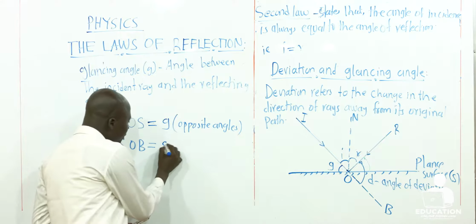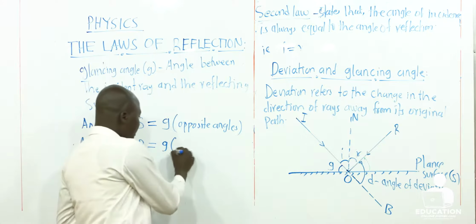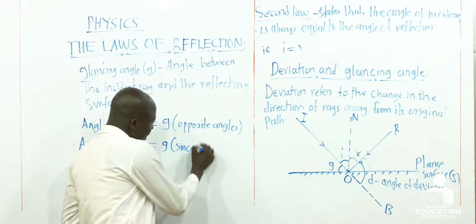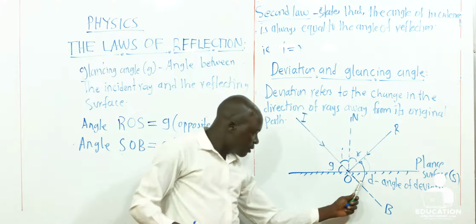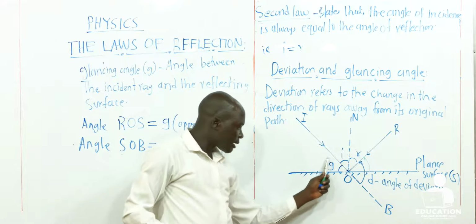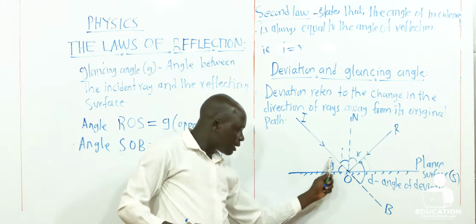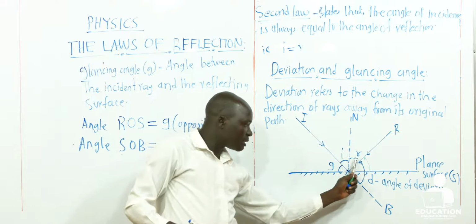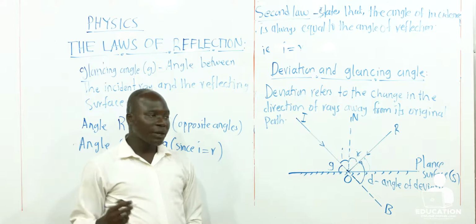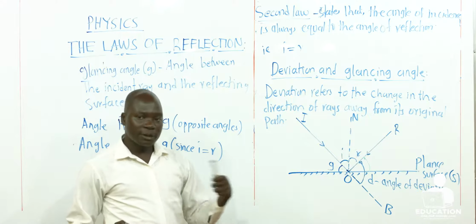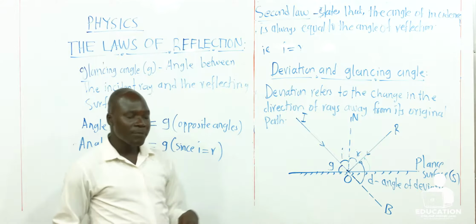So this one is also equal to G, since I is always equal to R. This angle is equal to that angle, which means the angle of incidence is also equal to the angle of reflection. That is from the second law of reflection, which says the angle of incidence is always equal to the angle of reflection.